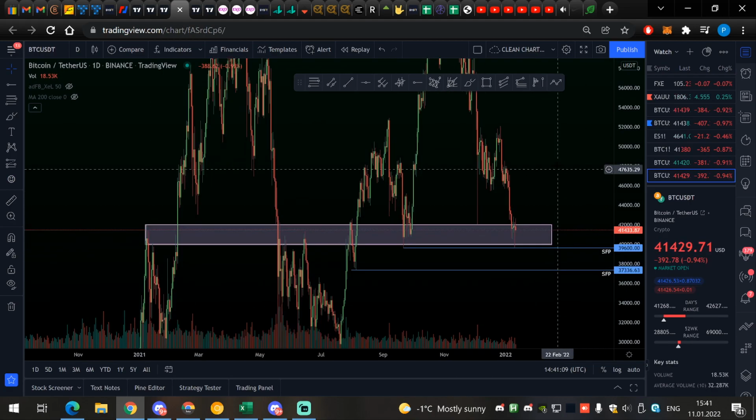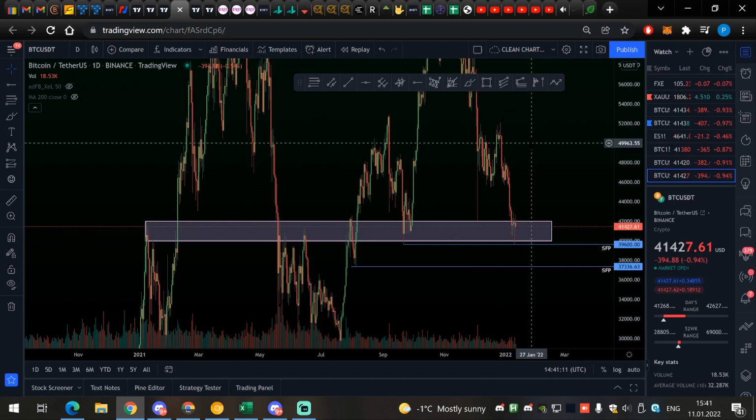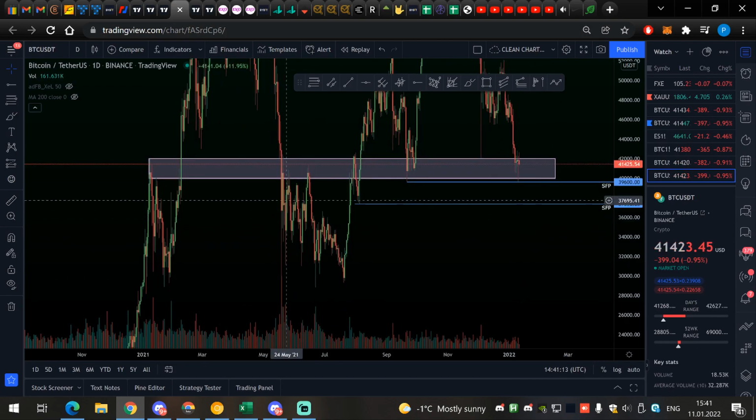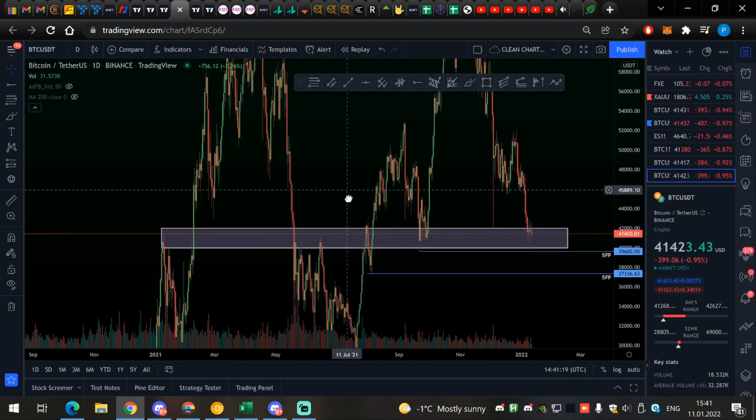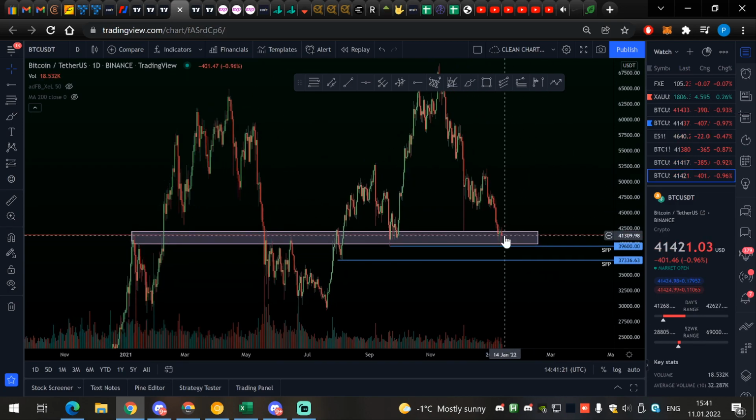So either we bounce here and we bounce heavily, or we just go through and into this summer range. So this was support many times and resistance. So it was an expected reaction. We were expecting it in the group.